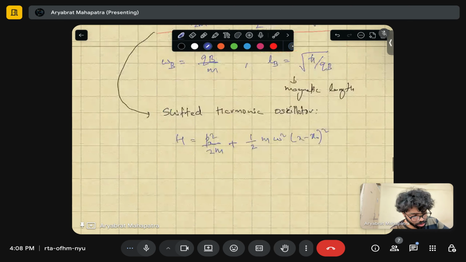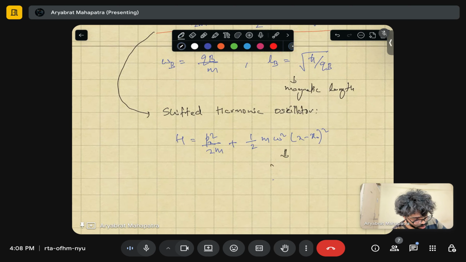So this is like a harmonic oscillator. If you draw the potential, this is your potential part V of x.